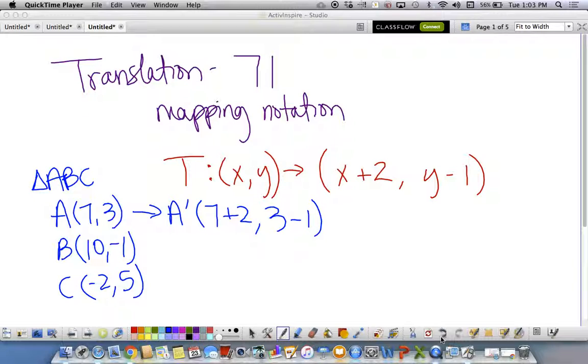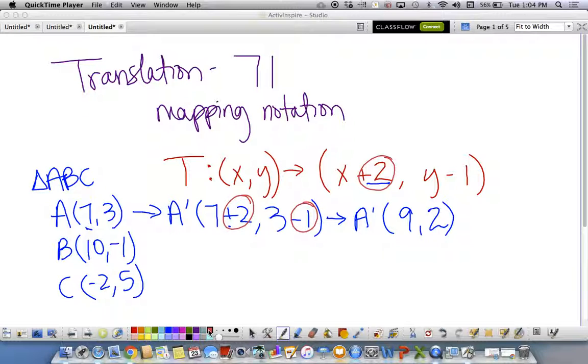So A prime is 9, 2. Does everybody see where I got all these numbers? 7 I pulled from the x, plus 2 is going to be right here. Every time. We'll circle that.